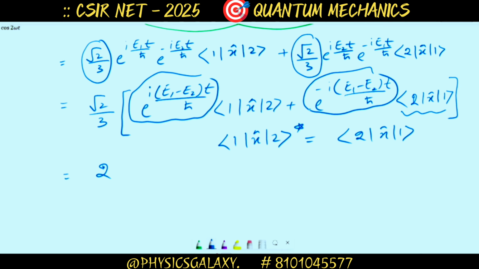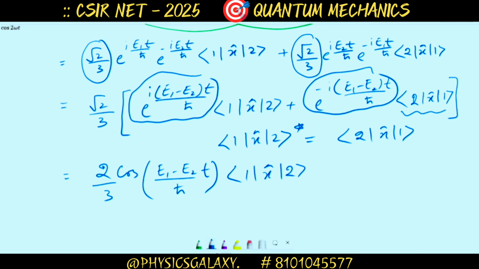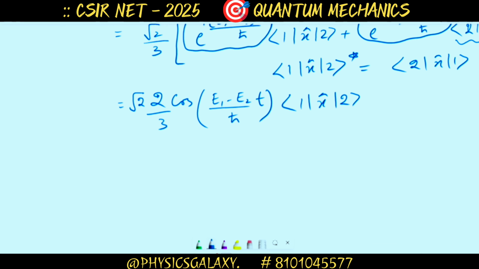So twice cos of (E1 minus E2) by h cut t, then <1|x|2>. And there is the 3 also, root 2 is also there. So this is our expectation value of x.